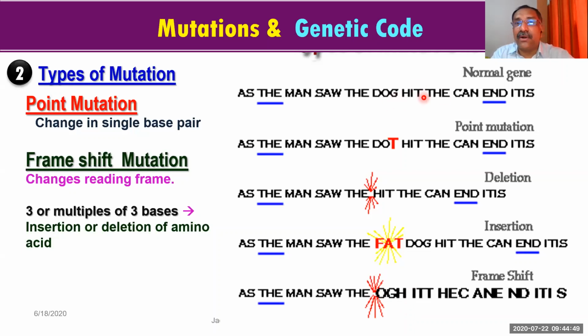All these things are the same here. Now look at here: hit the can end. Is it clear to you? The whole thing given over here is the same as it is here. But when you remove this letter, what happened? From here, one letter moved back.